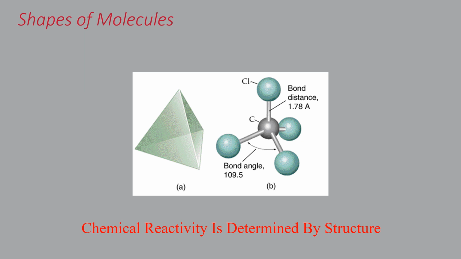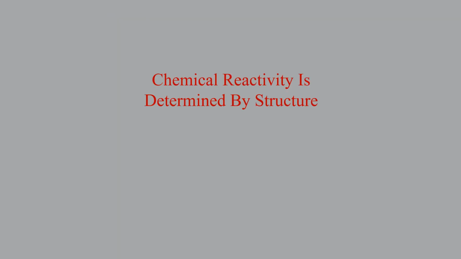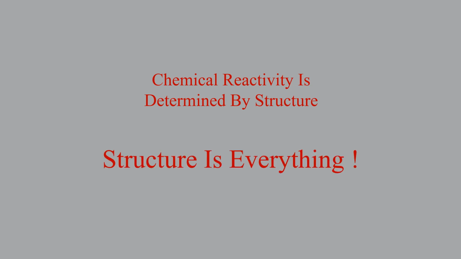So either direction is kind of what they usually do. And again, just to hit home this point, chemical reactivity is determined by the structure, and the structure is everything. Now, I had some pre-lecture videos that show you how we determine what the structure is. Take a look at those, and then you can come back and we can go over these chemical structures now.